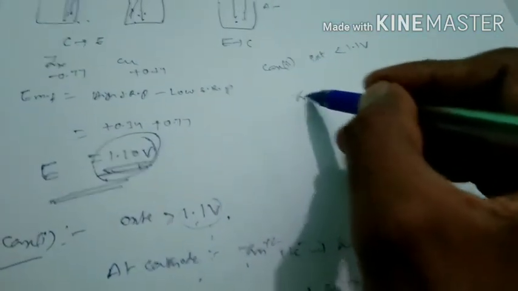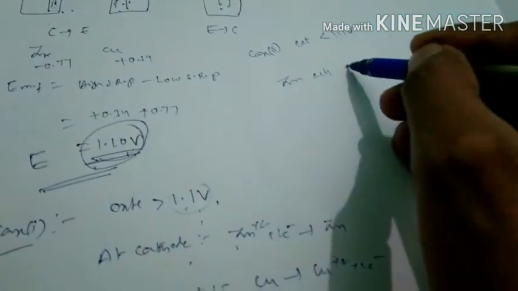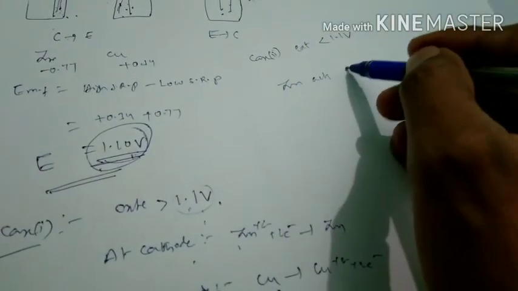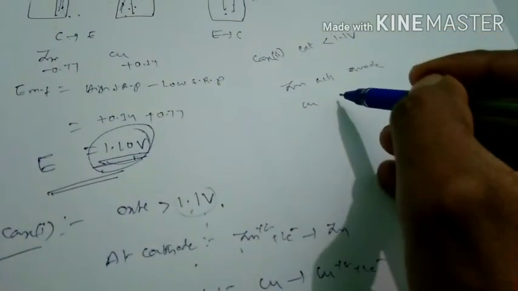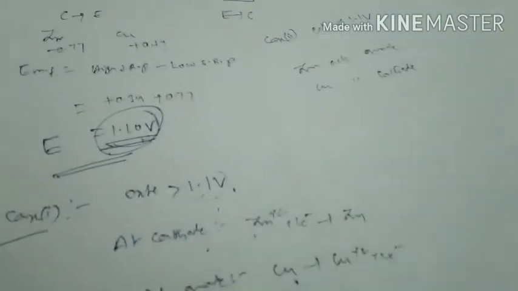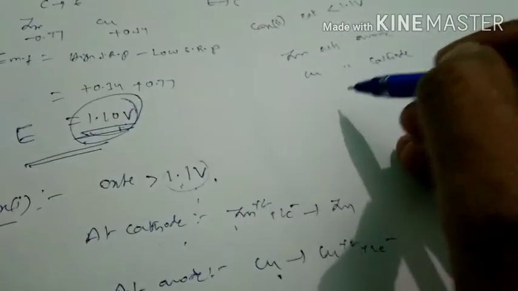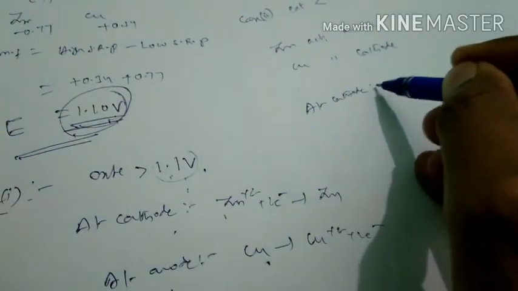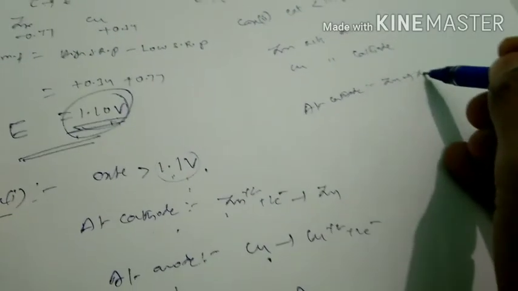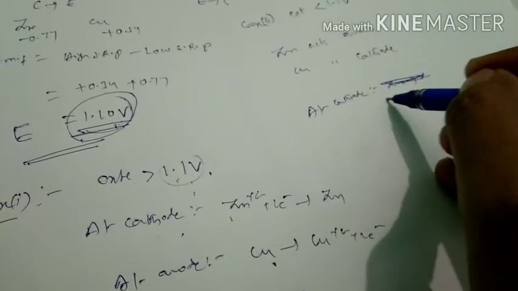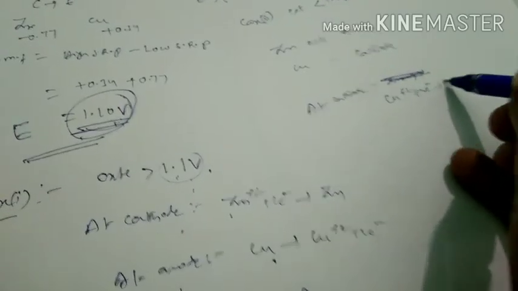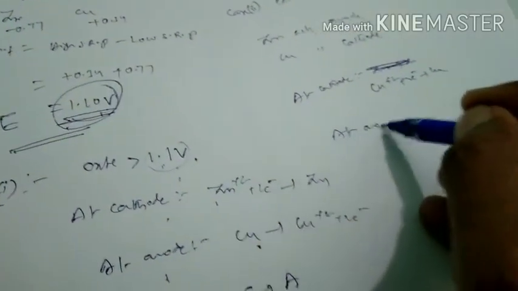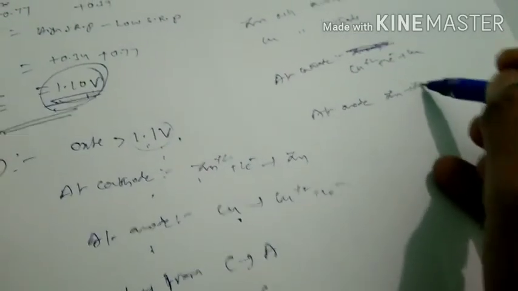Then zinc acts as the anode. These are the normal reactions: zinc acts as the anode and copper acts as the cathode. At the cathode, Cu2+ plus 2 electrons gives rise to Cu. At the anode, zinc gives rise to Zn2+ plus 2 electrons. This is the normal reaction.